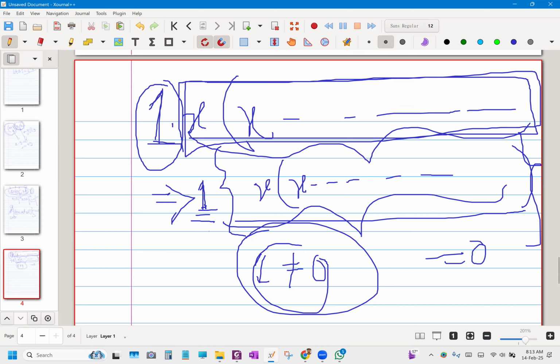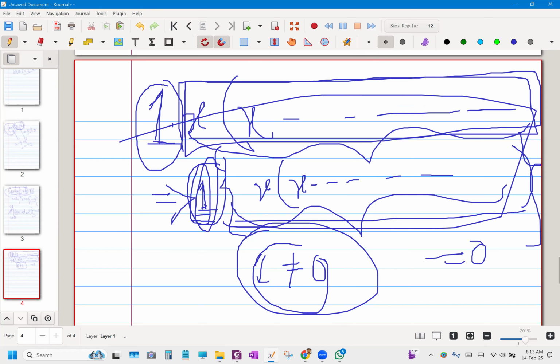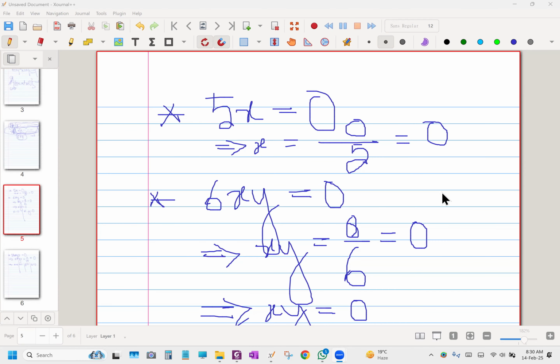But take the product 5x equals 0. How do you find the value of x? The only procedure is considering x equals 0 divided by 5. If you want to take this 5 from the left side of the equation to the right side, you just need to do the division.